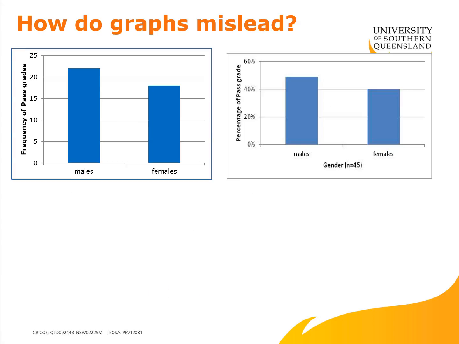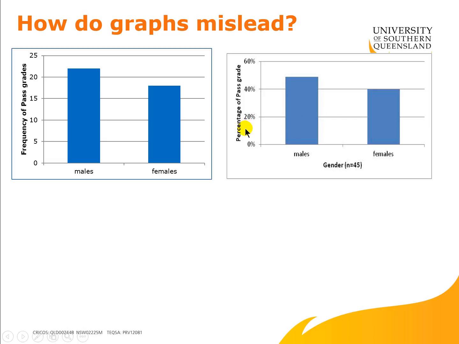So here we're going to look at how percentages are used. In this graph we have the frequency of pass grades. This is the number of males that passed and the number of females that passed. Maybe this is a certain test or an exam.